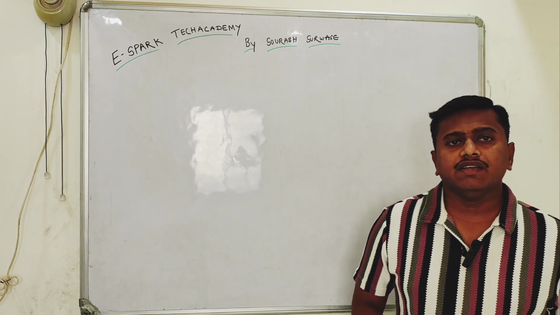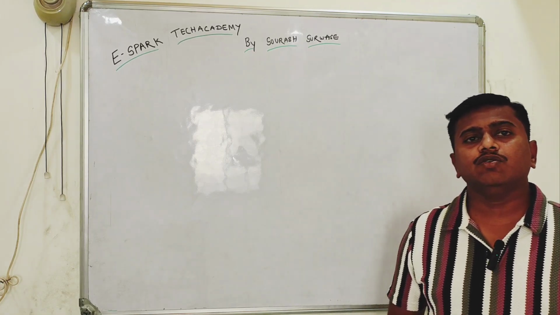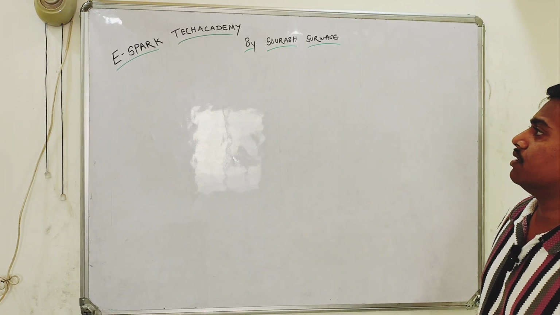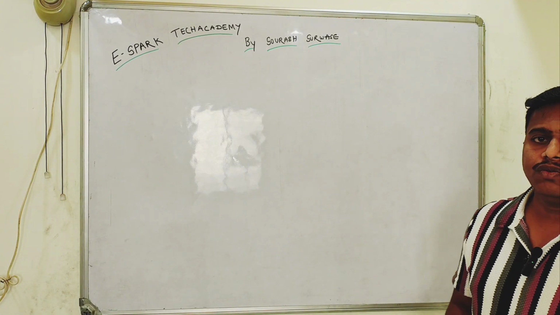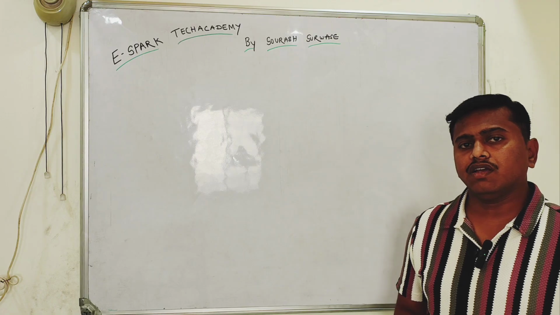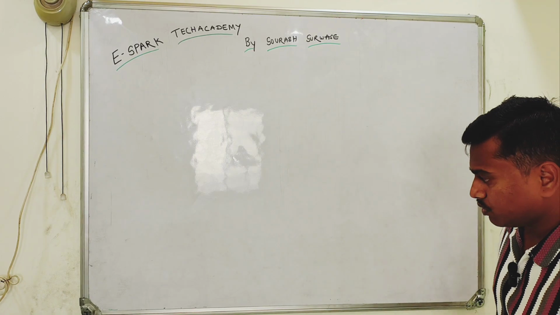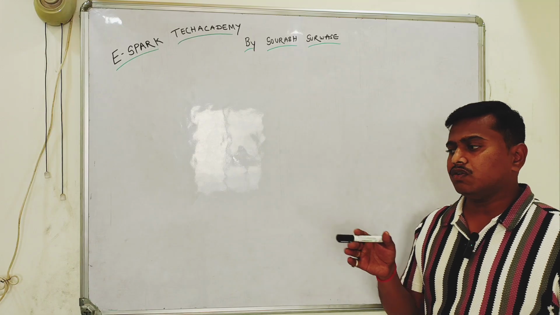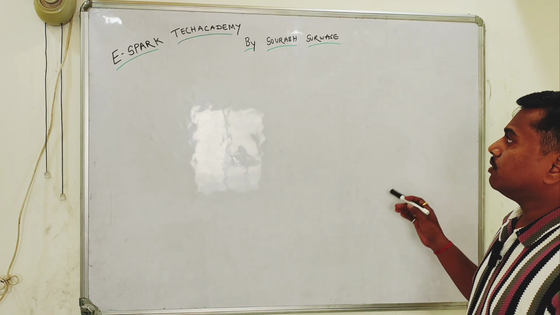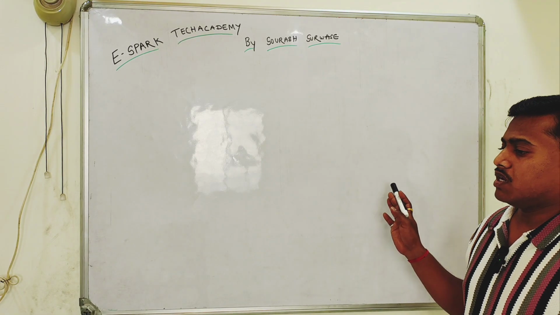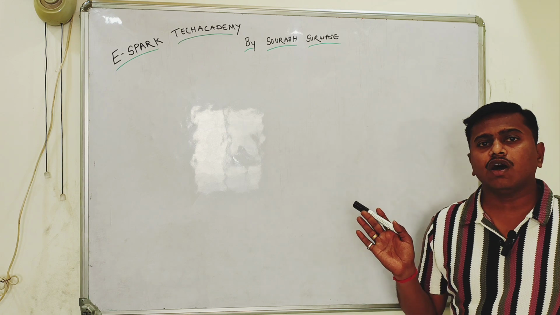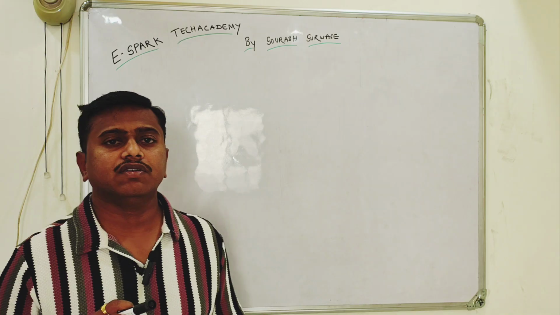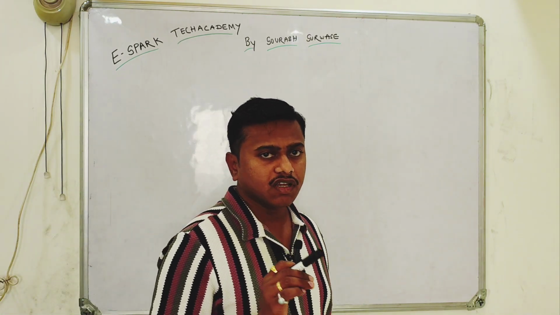Today, as we have gone through all types of DC numerical problems in DC circuits and fundamentals of electrical engineering, now we will be going through Thevenin's and Norton's. As I already told you in the previous lecture, even if it is not in your syllabus right now, it will be helpful to you because as we are learning DC circuits now, it will become very easy to understand the concept of Thevenin's and Norton's.